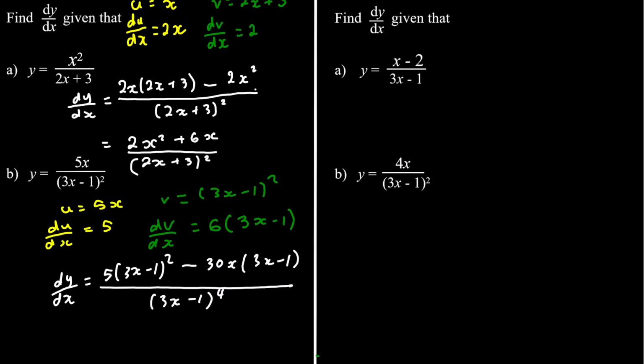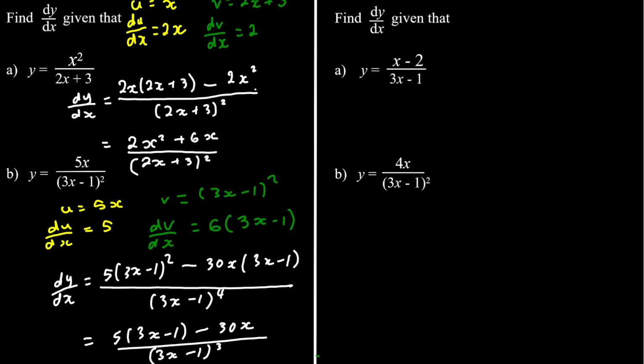Then to simplify, we could divide through by 3x minus 1. So divide both the terms in the numerator and the denominator by 3x minus 1, which will leave us with 5 times 3x minus 1 minus 30x over 3x minus 1 cubed.